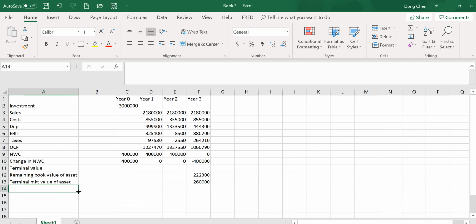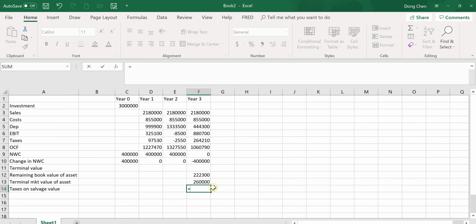So now the taxes. This is taxes on salvage value or terminal value. Salvage value will be based on the difference between the market value of the asset and the book value of the asset. And that's the basis to determine the tax.